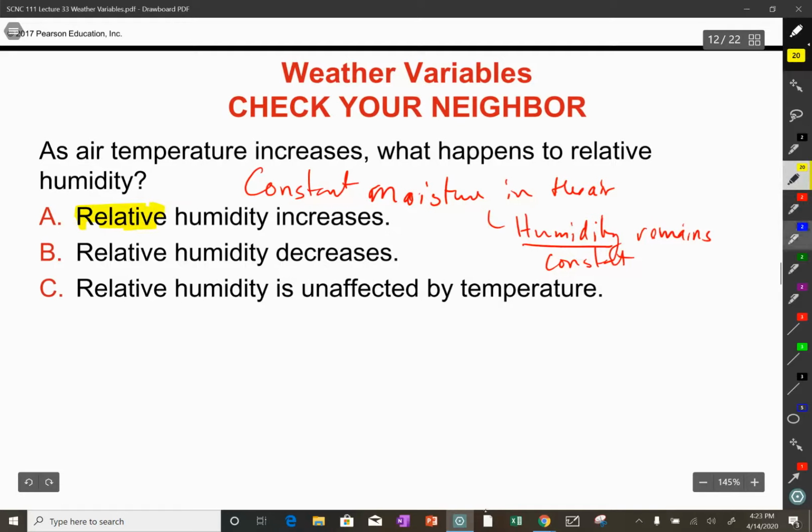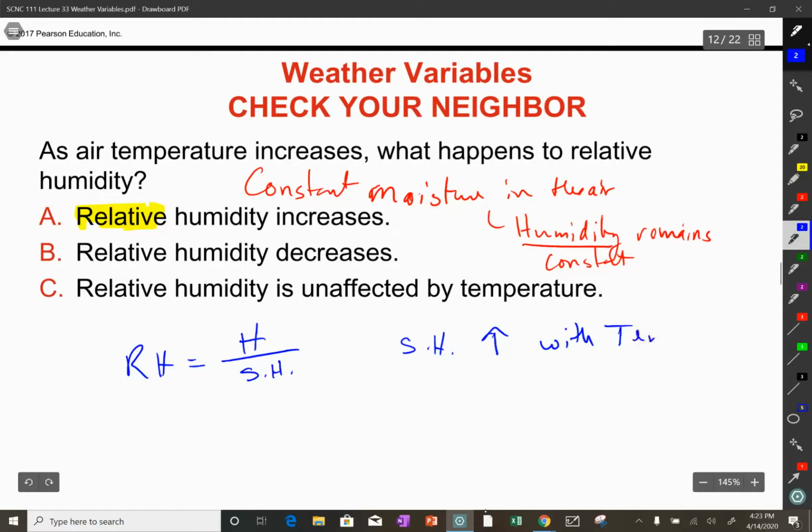means that relative humidity is equal to the humidity over the saturation humidity. But saturation humidity increases with temperature. So as it gets hotter, that denominator increases.